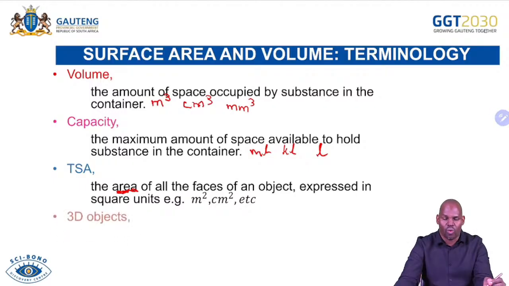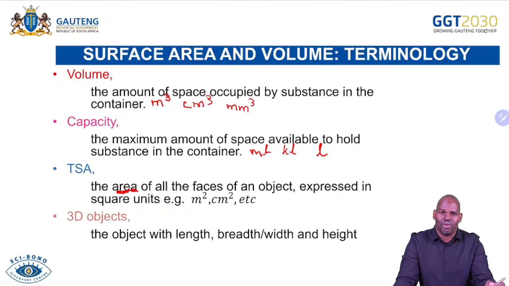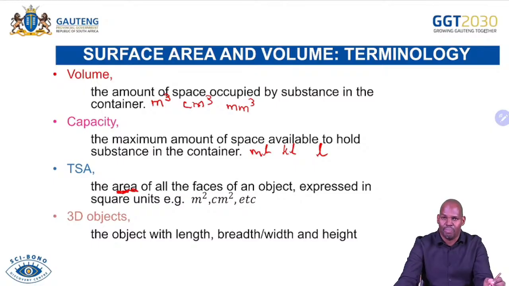Then the next terminology is, what do we mean by 3D objects? If we are working with volume, capacity, and total surface area, we're actually working with 3D objects. The definition of a 3D object is an object with length, breadth, width, and height.